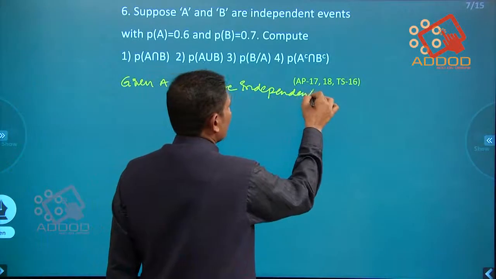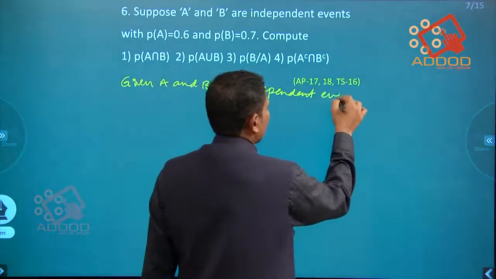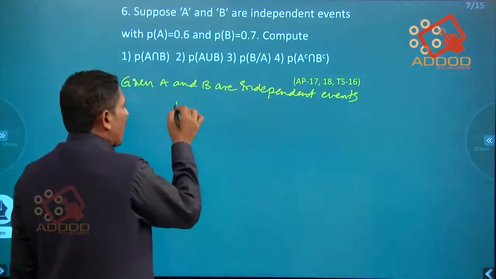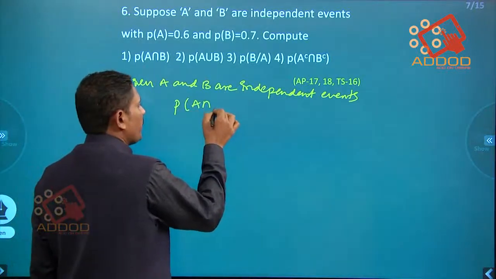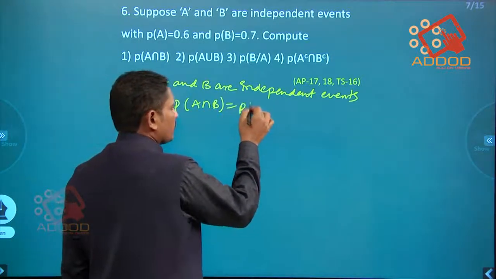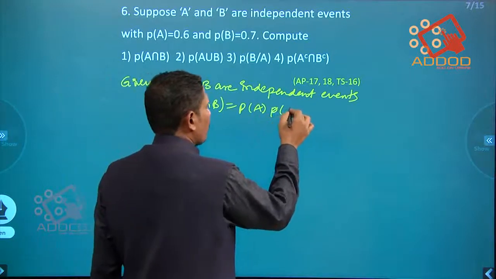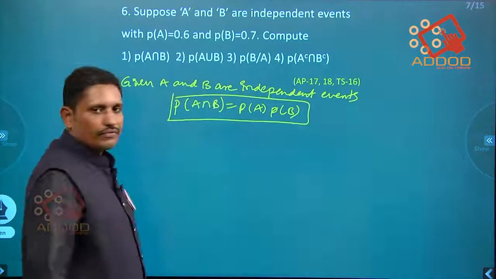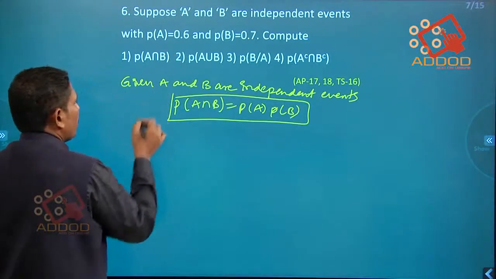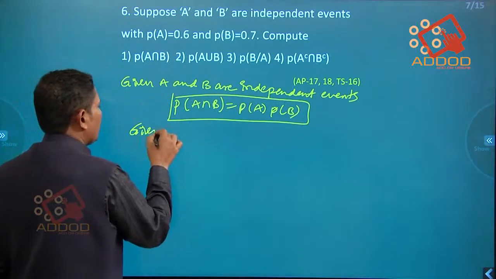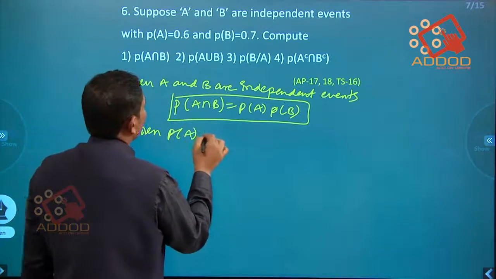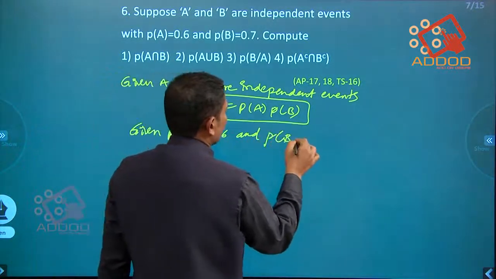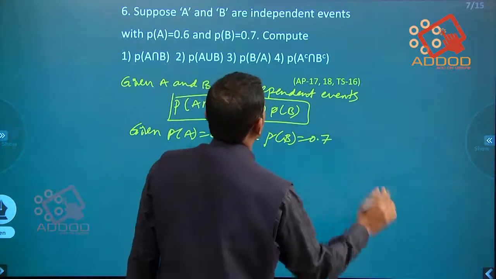If A and B are independent events, then the value of P of A intersection B can be directly written as P of A into P of B. And given values are also assigned. P of A is equal to 0.6 and P of B is equal to 0.7.